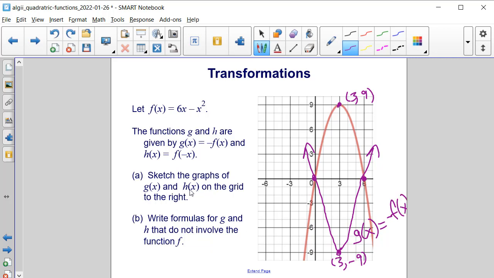All right, and now we have to do h of x. h of x is equal to f of -x. Well, f of -x is going to reflect f of x across the y-axis. So instead of having a vertex at (3, 9), it will be at (-3, 9).